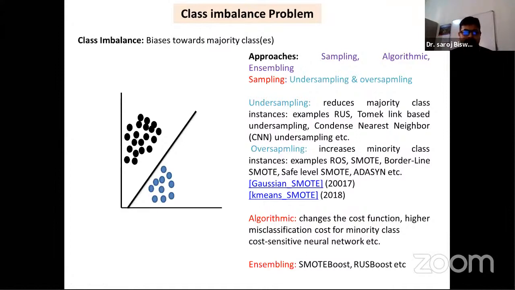It means that after the training is completed, whenever some new pattern comes to the trained classifier, then the trained classifier will have a bias to classify the new pattern towards the majority class. So whenever some new pattern comes, it has a tendency that the new pattern or new example will be classified towards the majority class.